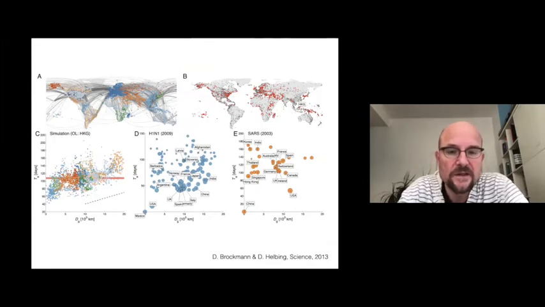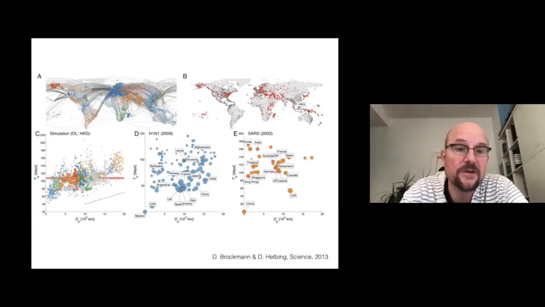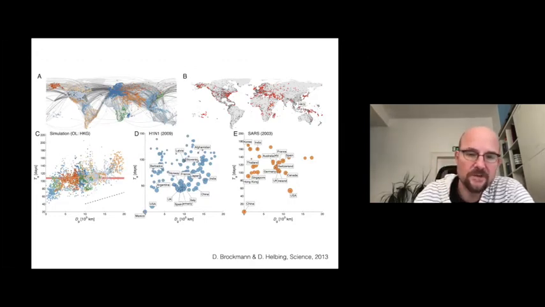There's some data in this figure that you see here for H1N1 and SARS, which is just a scatter plot of the geographic distance to the outbreak location and the arrival time of the epidemic in your location. And there's some correlation, but essentially it's a cloud. So geographic distance no longer is a predictor for arrival time. So that's kind of expected.